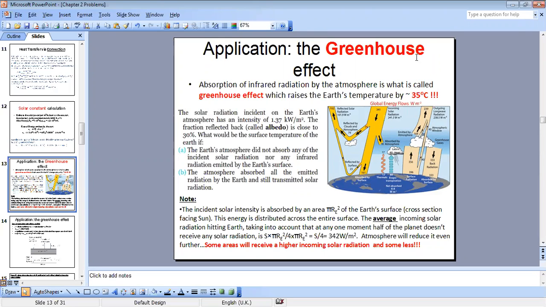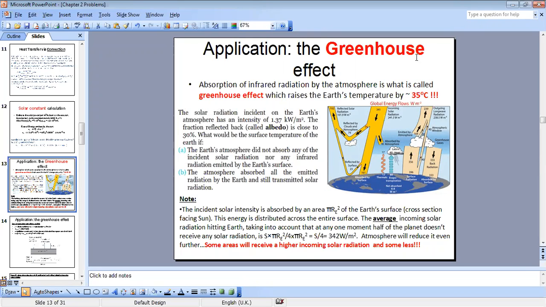Now, what would be the surface temperature of the earth in two cases? We will compare two cases. In the first case, the earth's atmosphere does not absorb any of the incident solar radiation nor any infrared radiation emitted by the earth's surface. So in the first assumption, we consider that the atmosphere is not doing anything, it's just transmitting.